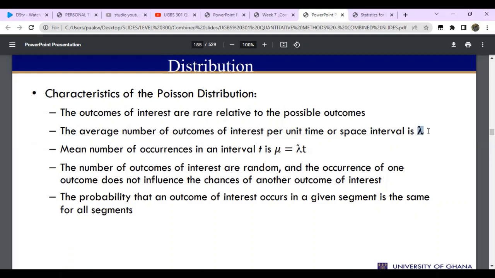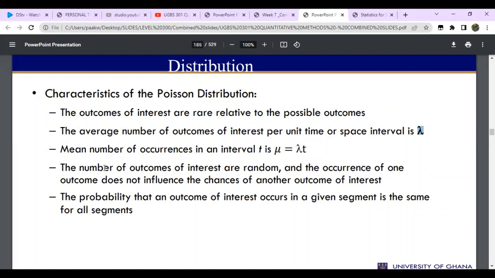I'm saying the mean number of occurrences in an interval t is mu, which is equal to lambda times what? t. So you can be given the average number of outcomes of interest per unit time or space interval, that is the lambda, and the time, that's the t. So when you are looking for the mu, you just multiply the lambda and the what?